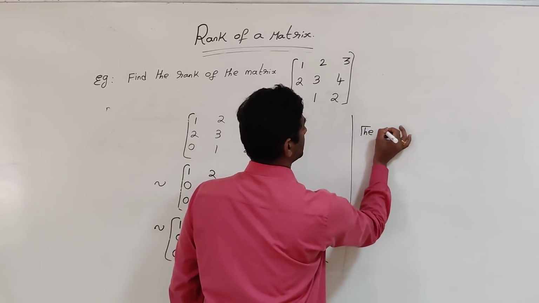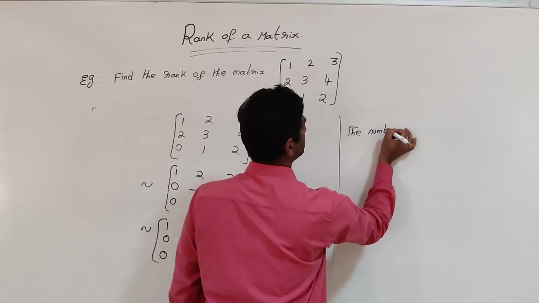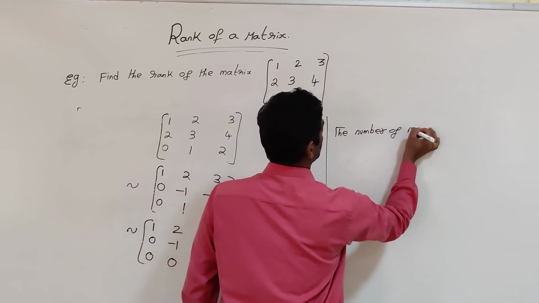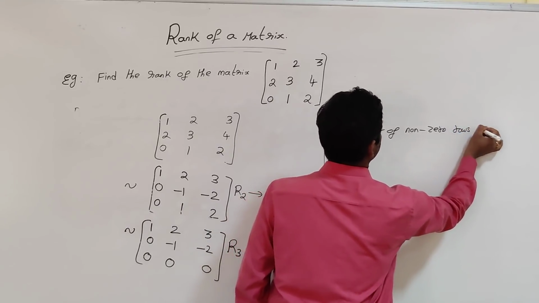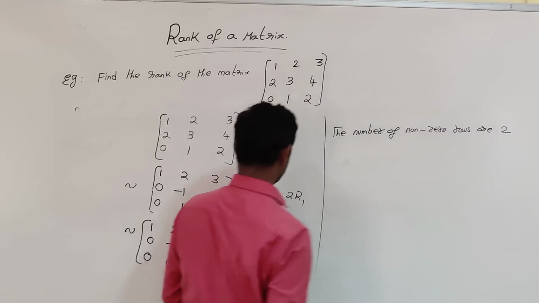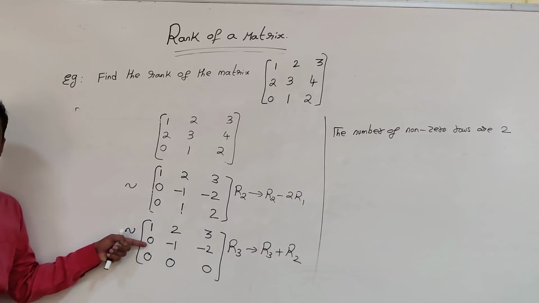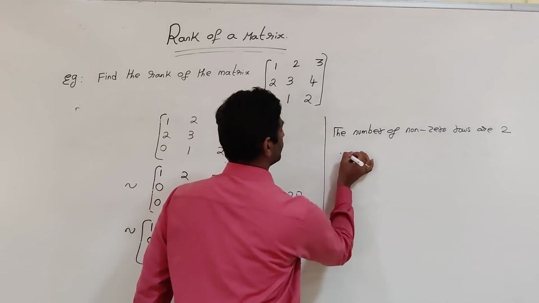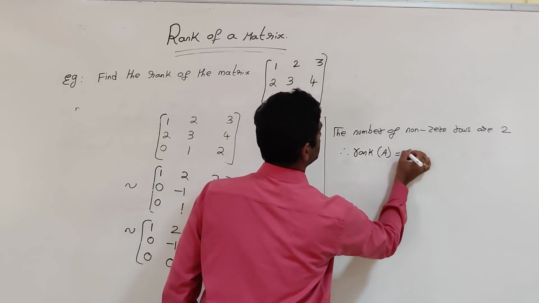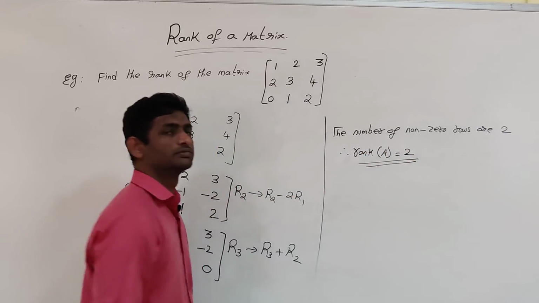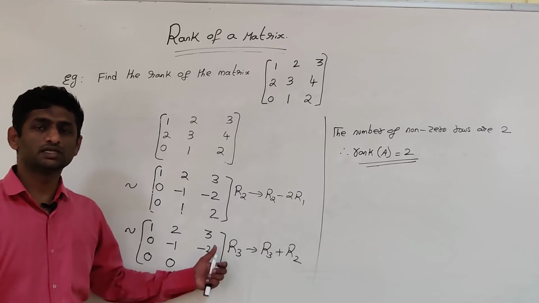The number of non-zero rows is 2, because of the first row and second row. Therefore, rank of A is 2. I hope that it is clear.